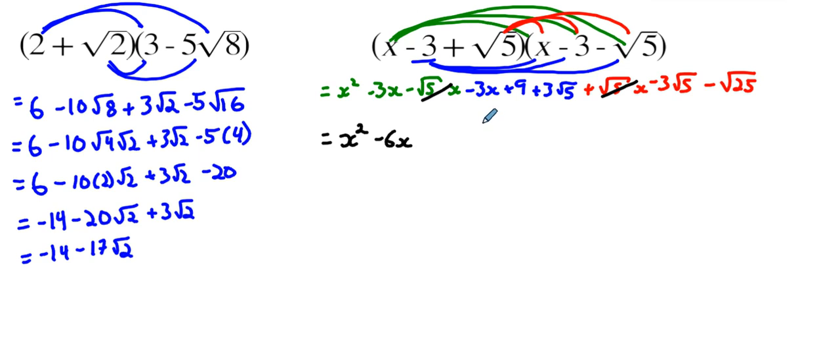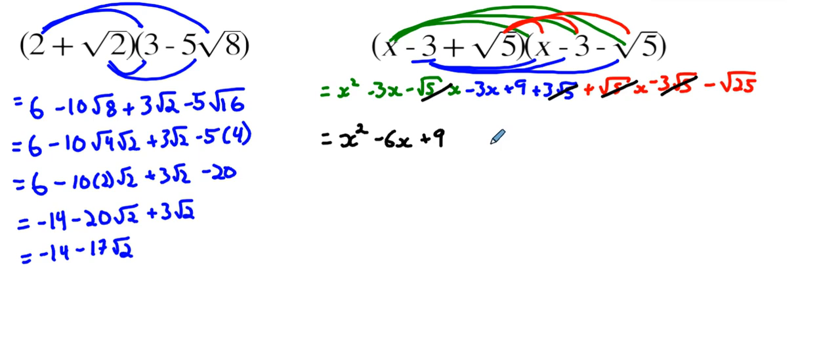That's good. Now I'm on to my positive 9. I see no other whole number, although you might notice that the last number will eventually become a whole number once I simplify it. And then I have positive 3 root 5, which I can add to this one because they have the same radicands, right, of 5. But one's positive 3 and one's negative 3, so those also cancel in this example.